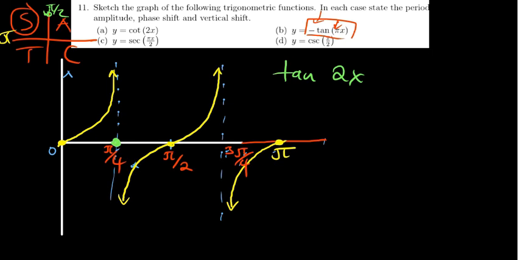The 0 point there will be at that asymptote, and then the graph will move like this, and then get to pi over 2.